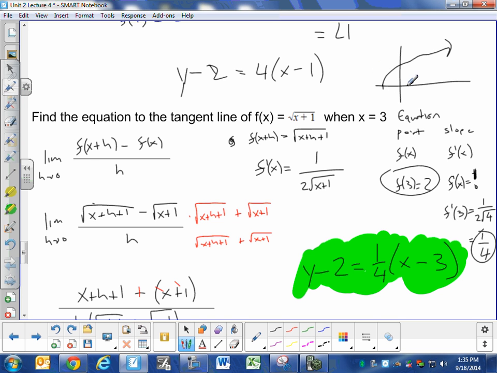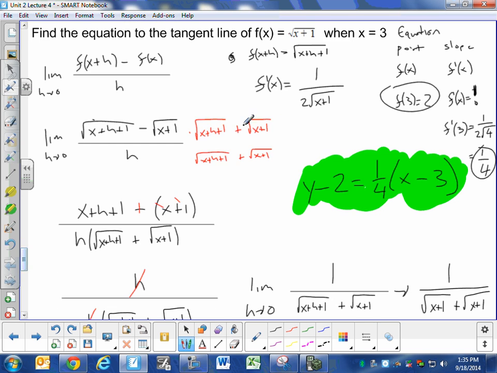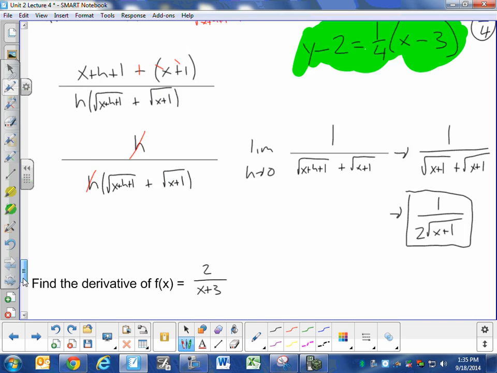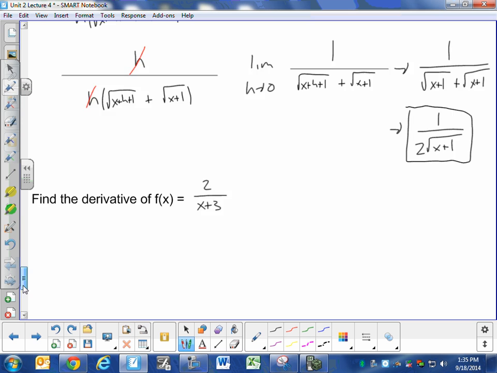At 3, right here, we can see the slope would be shallow, and the slope would actually be equal to exactly 1/4. Okay, so it all goes back to Unit 1 stuff, multiplying by conjugates, simplifying, being careful, showing every step to get your answer.